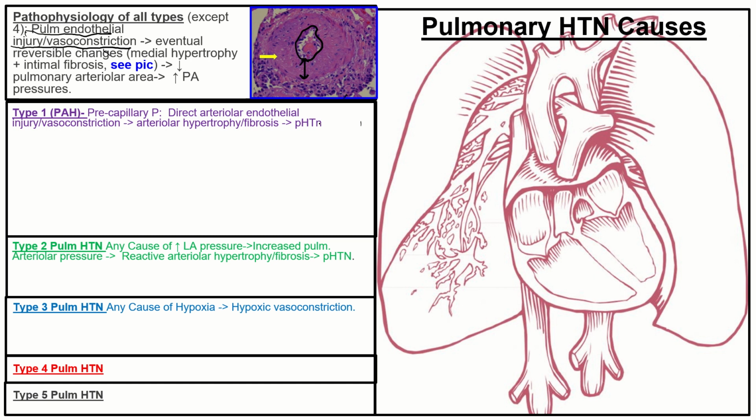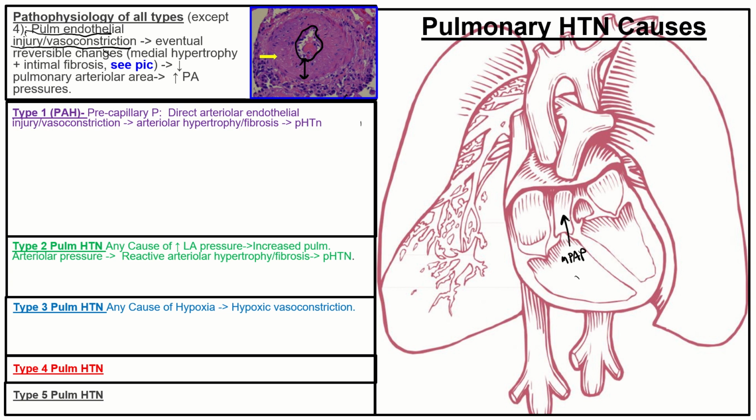This decreases your pulmonary arterial area, which increases your PA pressures, and at the end of the day, you have irreversible decreased pulmonary arterial area, increasing your mean PA pressure.